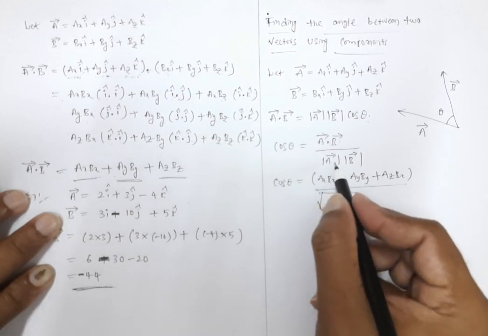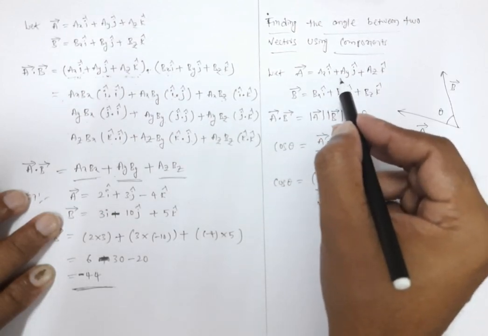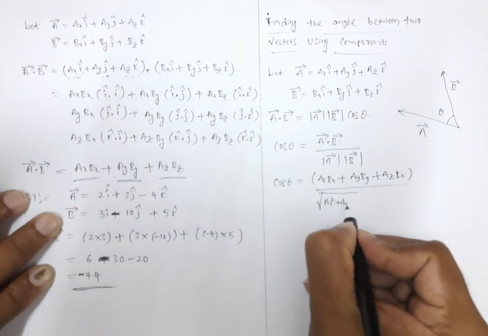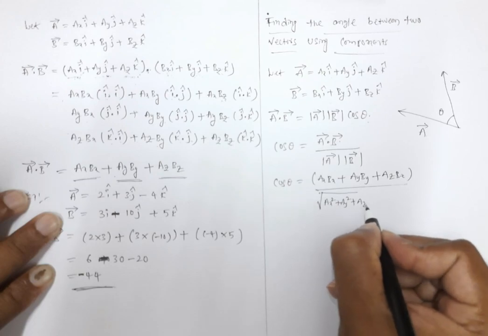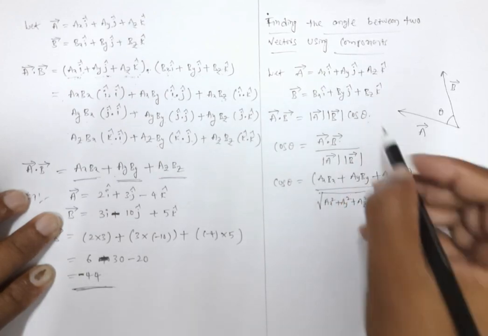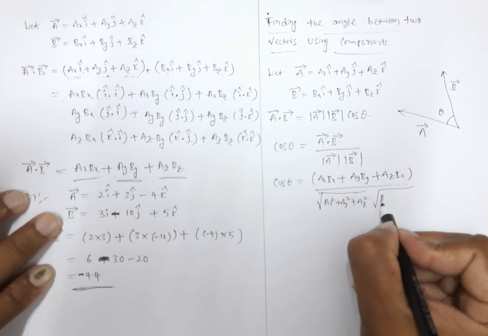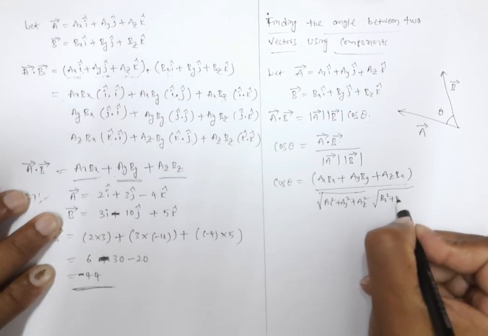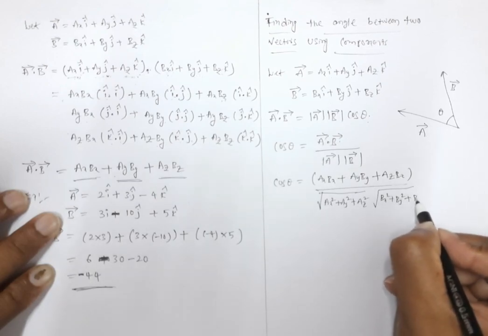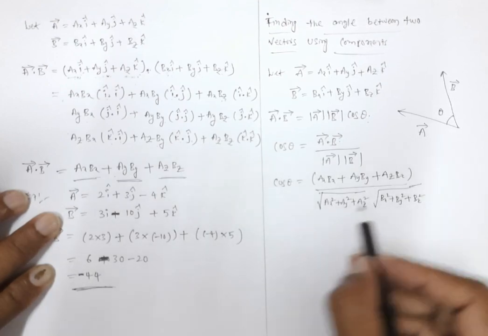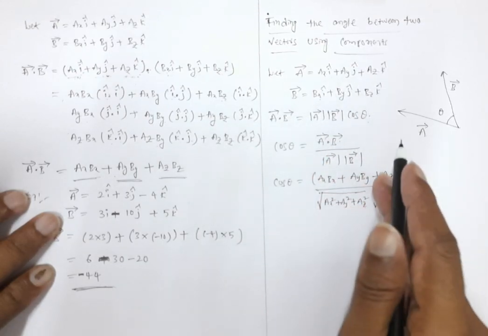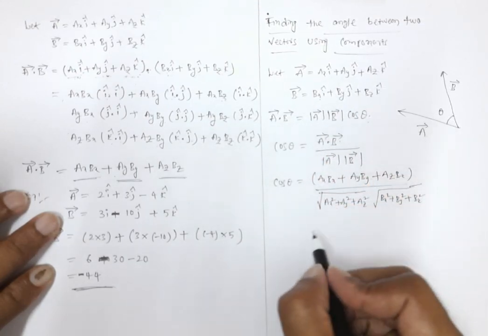How do you find the magnitude of a bar? Simply we know the components ax, ay, az, so ax square plus ay square plus az square. And what about the magnitude of b bar? bx square plus by square plus bz square. Now we substitute the components ax, ay, az and bx, by, bz on the right side, so we will get some constant.